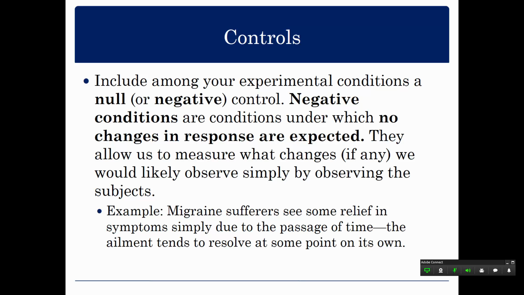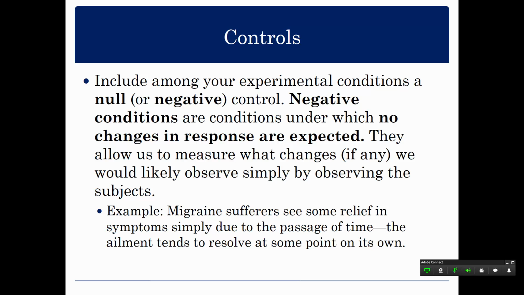An example of this, and I think this is probably a place where it might be ethical, is to include in a study of migraine medicine whether migraine sufferers, when left untreated, when they don't take a pill with an active ingredient, see some relief in symptoms simply due to the passage of time, because that ailment does resolve on its own at some point.